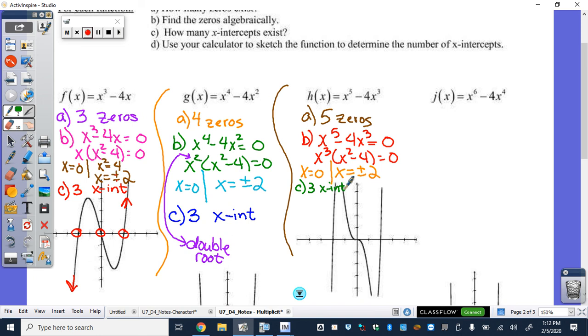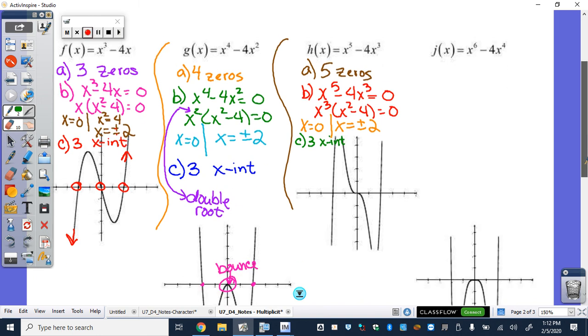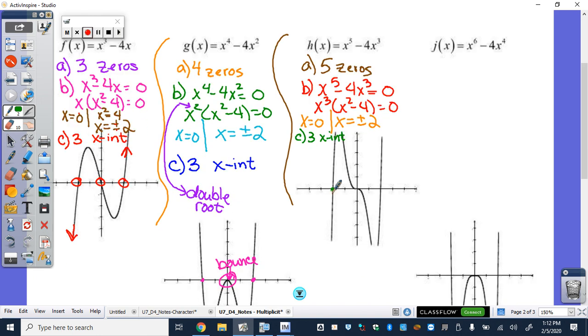So if we take a look at our graph, again, negative 2, positive 2, that looks exactly the same. But what's happening here at 0? Does it look like what happened at 0 over here in our first one? No. Kind of lingers, kind of zigzags. I like to call it a wiggle. It kind of wiggles there because this time our 0 is a triple root.